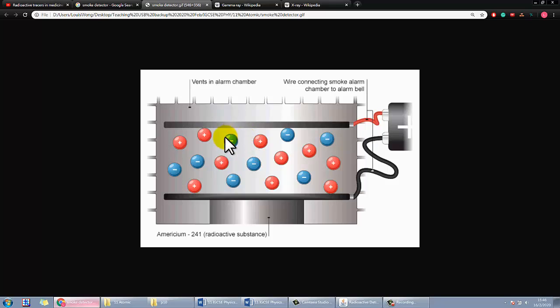Think about this: when there's smoke, smoke is much bigger than air. You cannot see air, but you can see smoke, because smoke is made of much bigger particles. So imagine there's a bigger particle here. The alpha would not, or may not, be able to ionize it because it's so big. So in that case, it will block the circuit. Think about what you learned in the last chapter on logic gates.